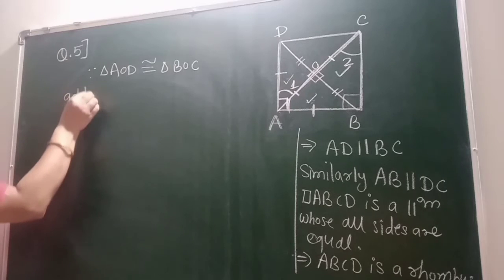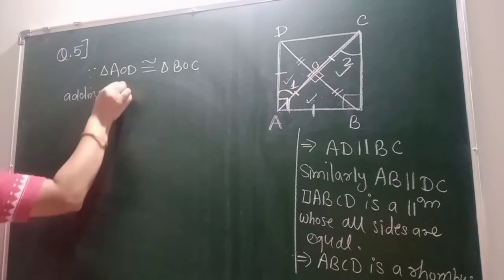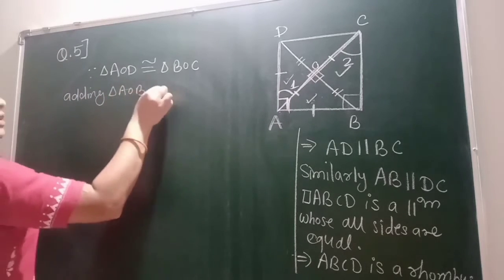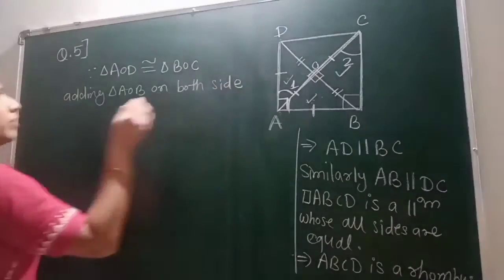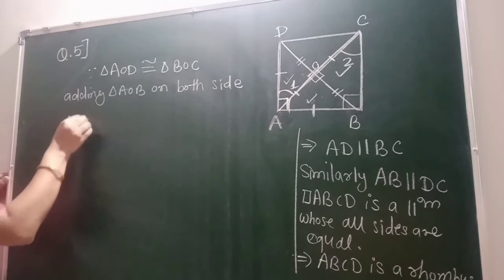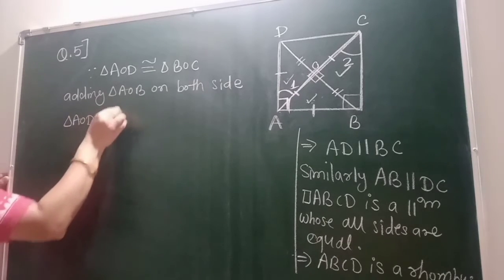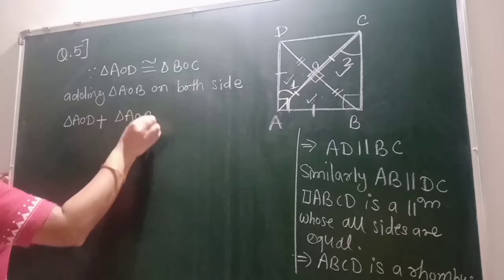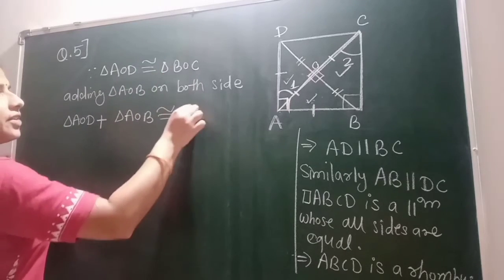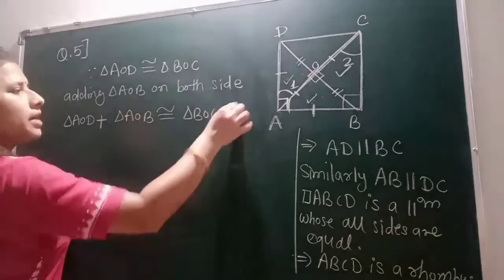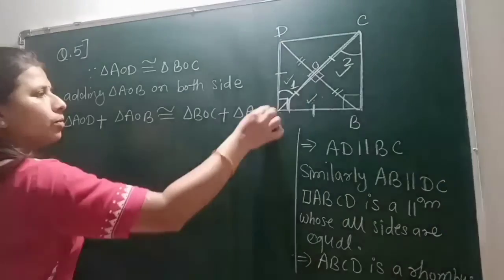Adding triangle AOB on both sides, we will get triangle AOD plus triangle AOB in the middle, congruent sign as it is. Right hand side, triangle BOC plus triangle AOB.